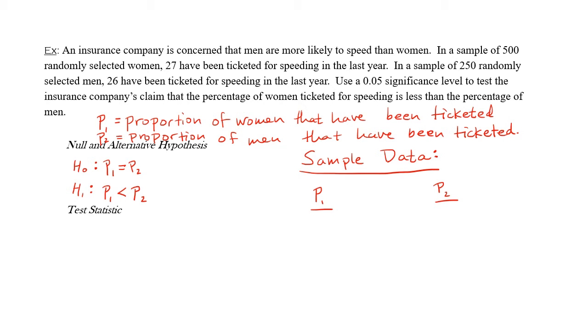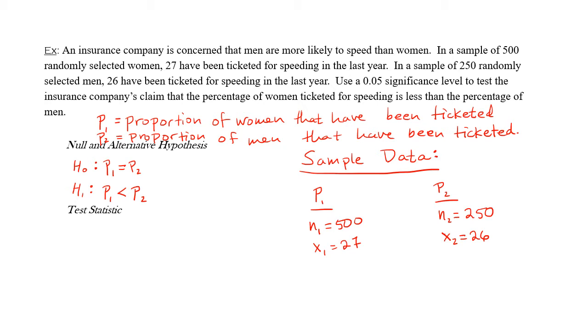We have a sample of 500 women, so that would be 500 in the sample for P1, where 27 of them have been ticketed, so X1 would be 27. And in a sample of 250 men, so our sample size for the second population is 250, 26 have been ticketed. And we're going to be using a 0.05 significance level.